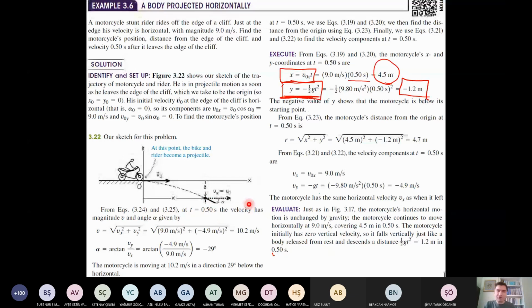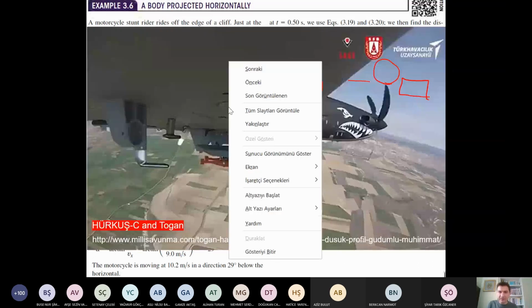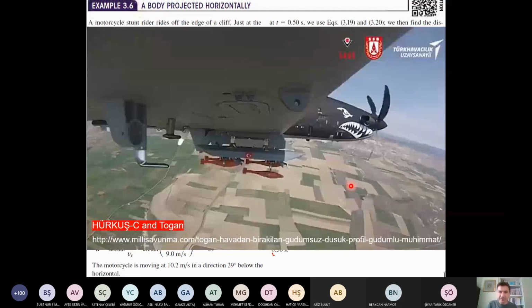And now let me show you an example from the defense industry. This is the plane Hürkuş-C produced by TAI. And then here you see a weapon. The name is Togan.